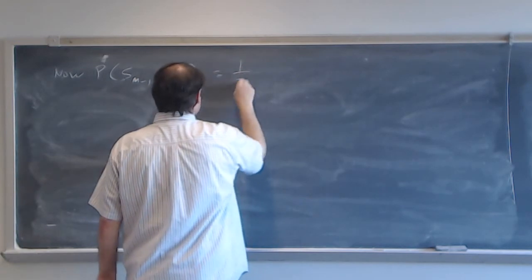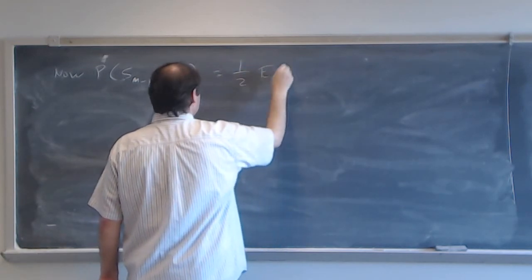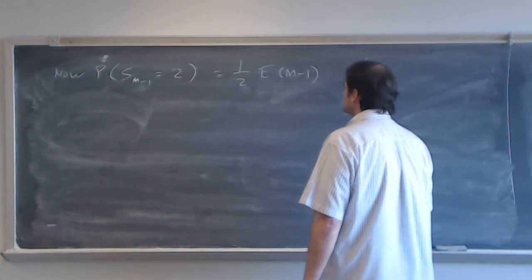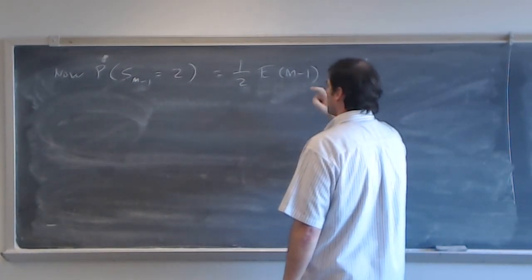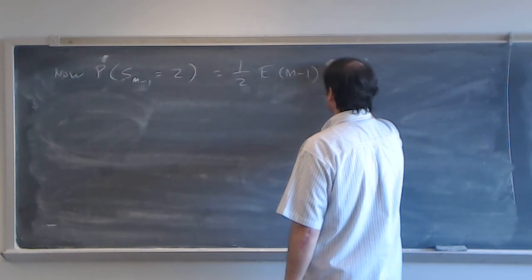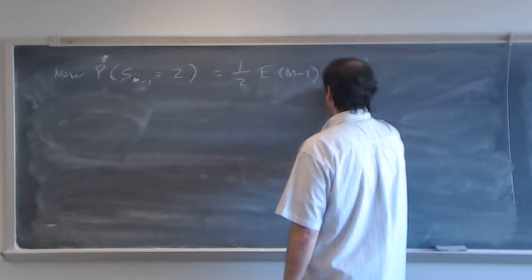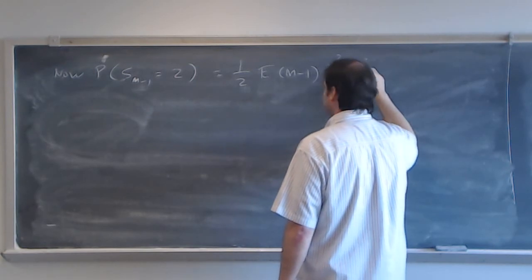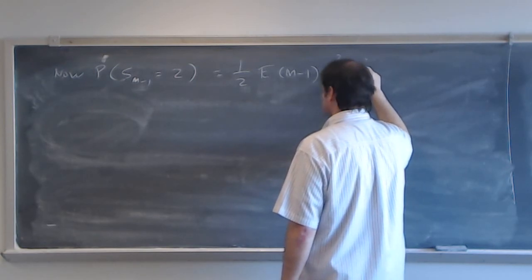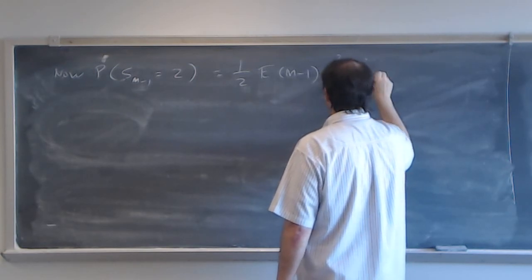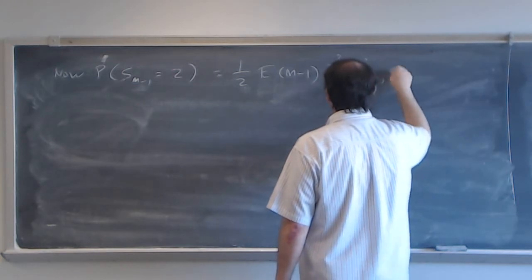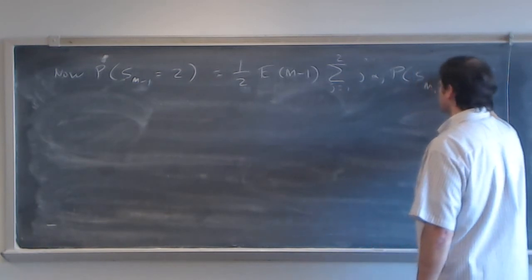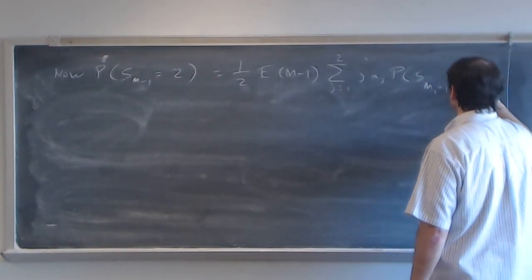This is 1 over k, it's 1 to 2. Expected value of m minus 1. Here this will be the sum, j runs from 1 to 2, in terms of j alpha sub j, probability that S of m sub 1 minus 1 is equal to k, which is 2 minus j.